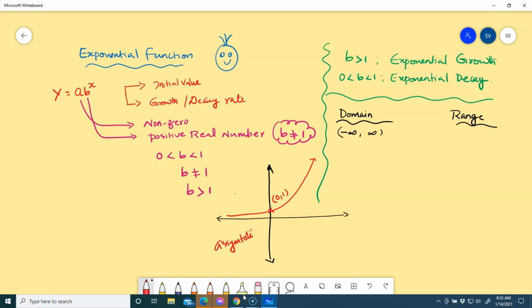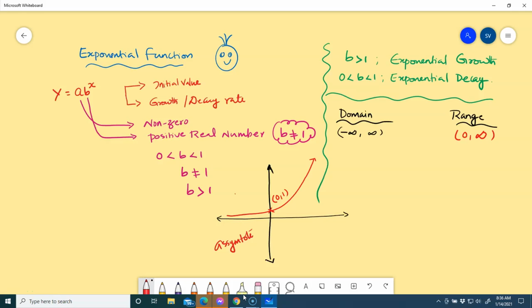So the domain is negative infinity to positive infinity, and the range is 0 to infinity. The x value is increasing to the right and left, and the y value is not going down to 0. It can converge to 0, but that is the asymptotic nature.